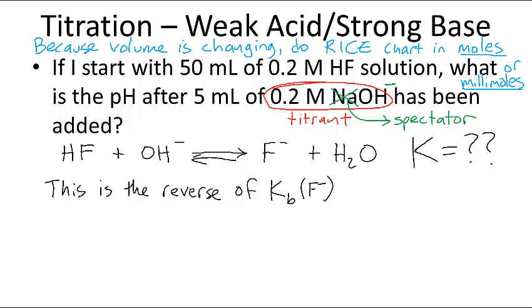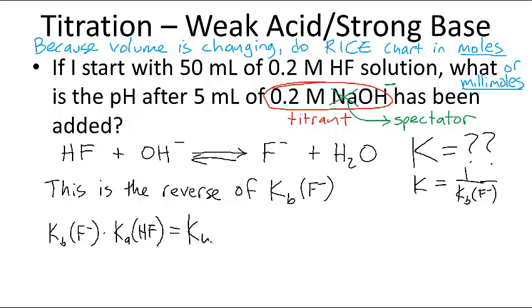All right. So K is going to equal 1 over the KB of F minus. So now you look at your KB list, and of course, you don't find F minus. So how would I get the KB of F minus? I know that KB of F minus times Ka of HF has to equal Kw.